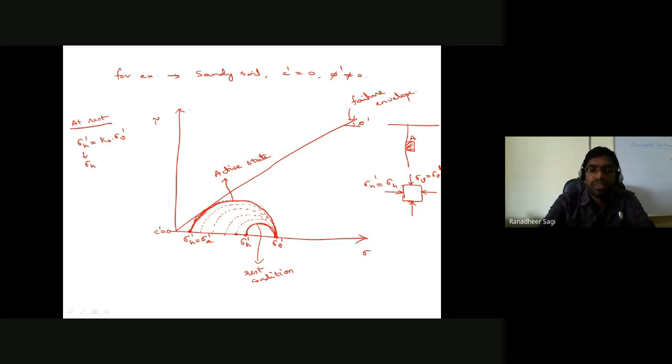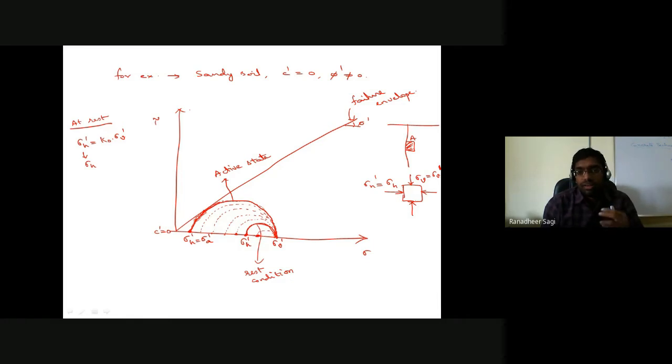So in the process, the horizontal stress continues to increase, whereas the vertical stress remains the same in the soil element I am looking at. So sigma v dash remains constant, but sigma h dash value is increasing.